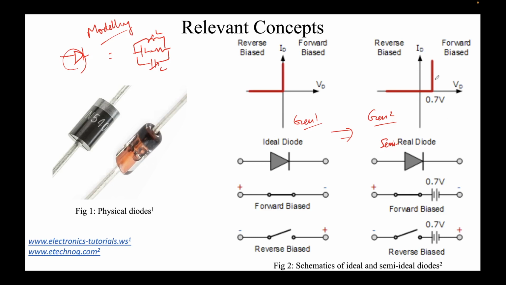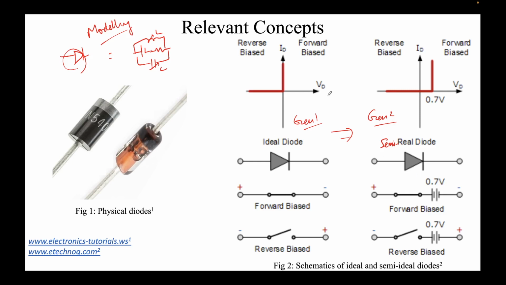You can see a line rising here. This is what we sometimes refer to as the knee voltage. On the reverse side, it is the same as before. If you apply a negative VD, you can see the polarity has been reversed, no current will flow. So effectively we have transformed this circuit to this or this, depending on the polarity.